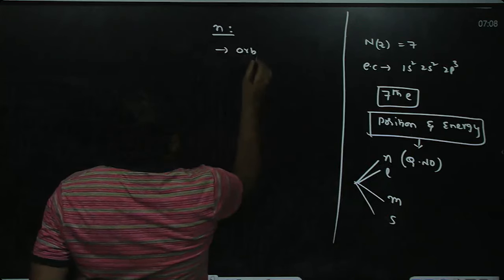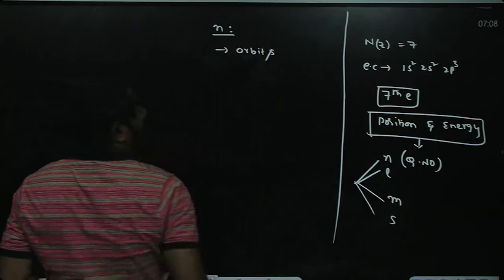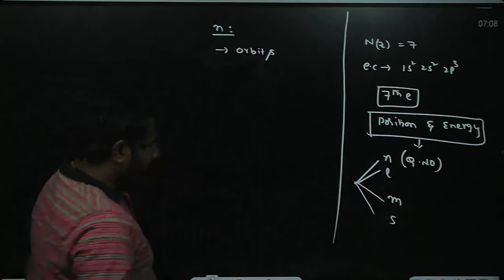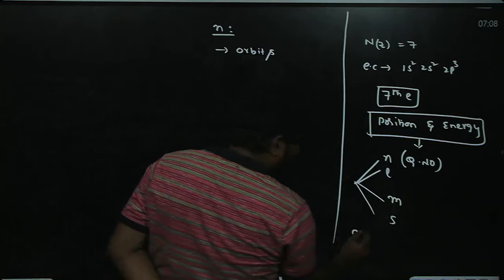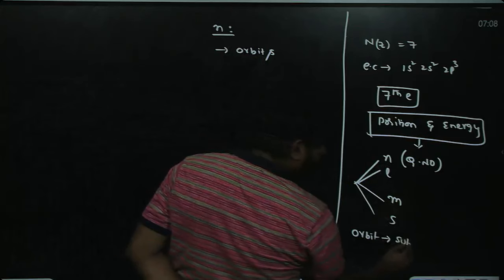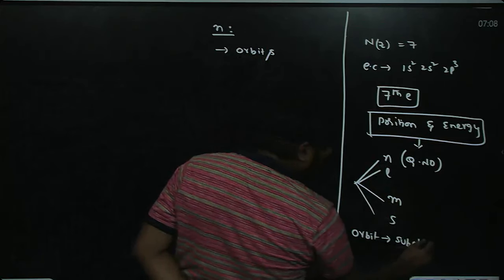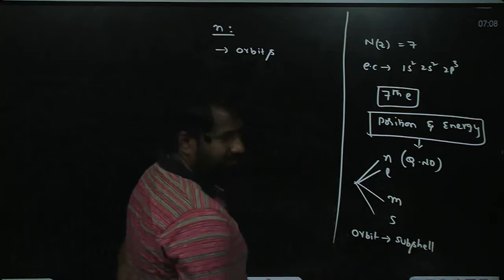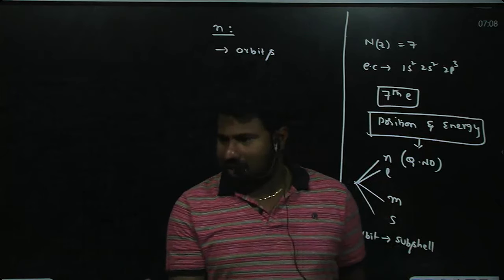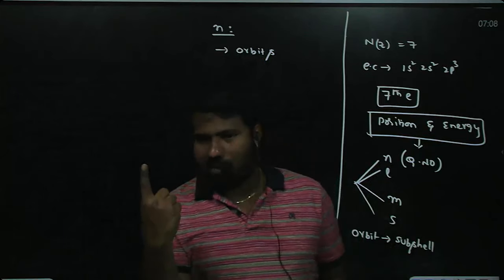Don't be confused. n is going to represent the orbits. That means if you take an orbit, the orbit contains subshells, as we discussed already to explain the Zeeman effect and Stark effect. Because if you take a hydrogen atom that contains only one electron, where is it located?